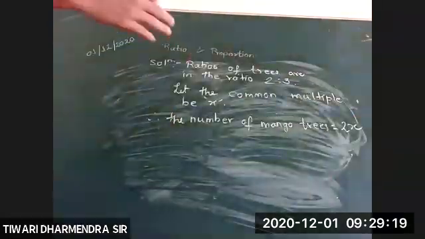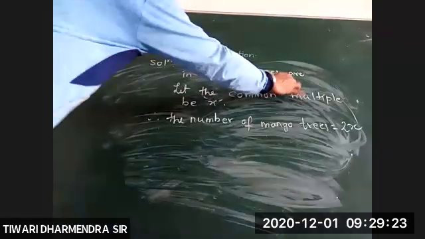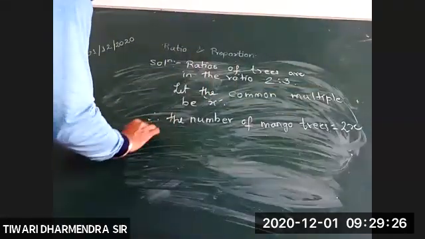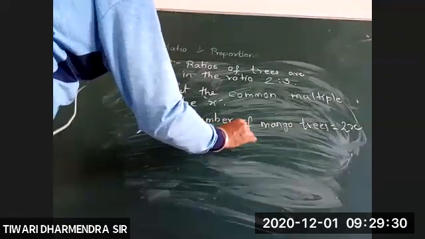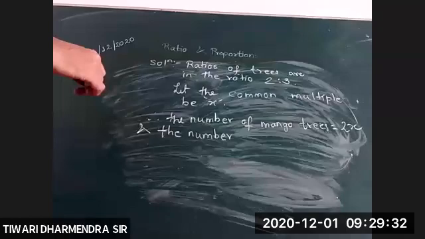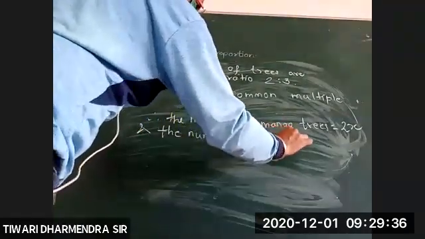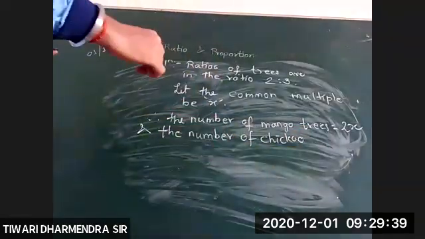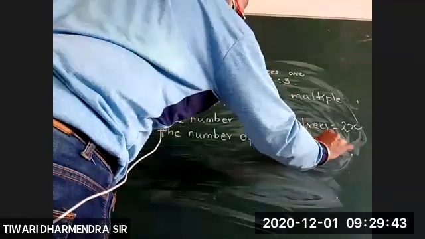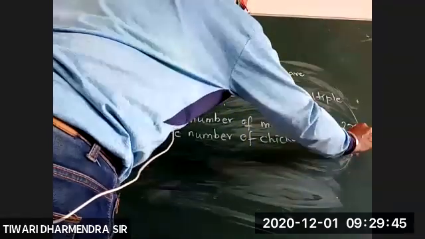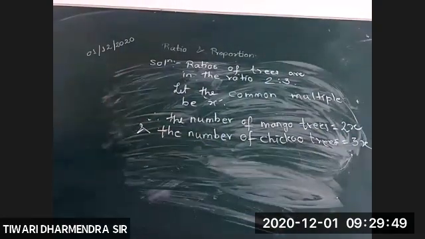First number indicates first entity, and second number of the ratio indicates the second entity. And the number of chiku trees is 3x.